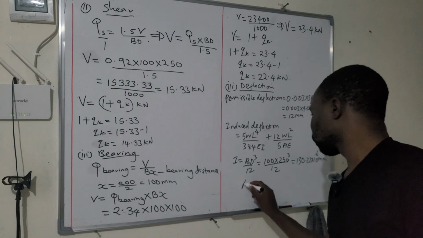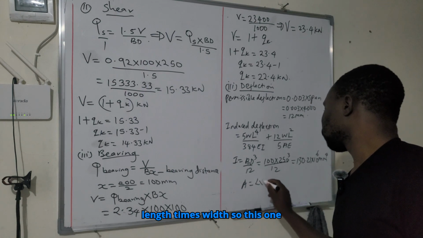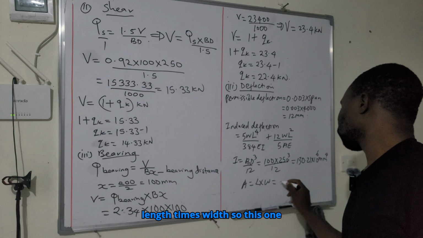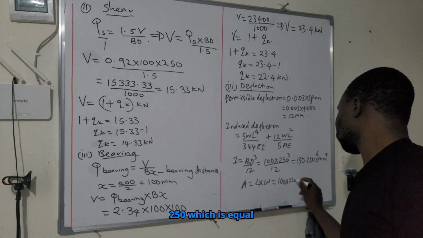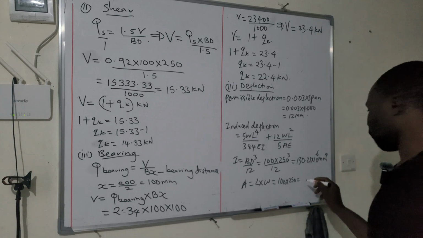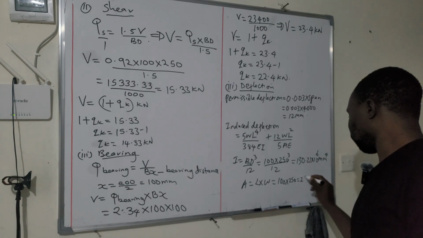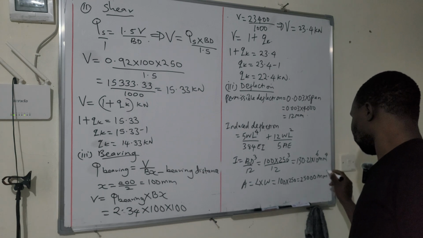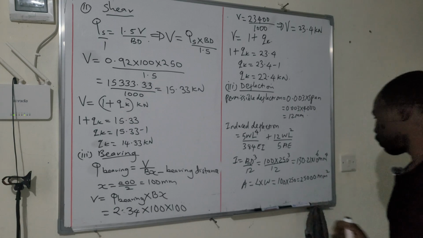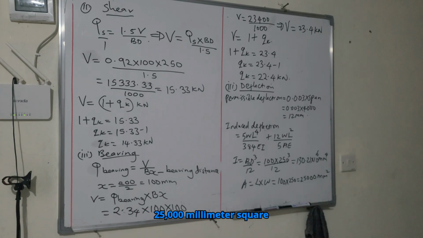Then area, length times width. So this one will be 100 times 250, which is equal to 25,000 millimeter square.